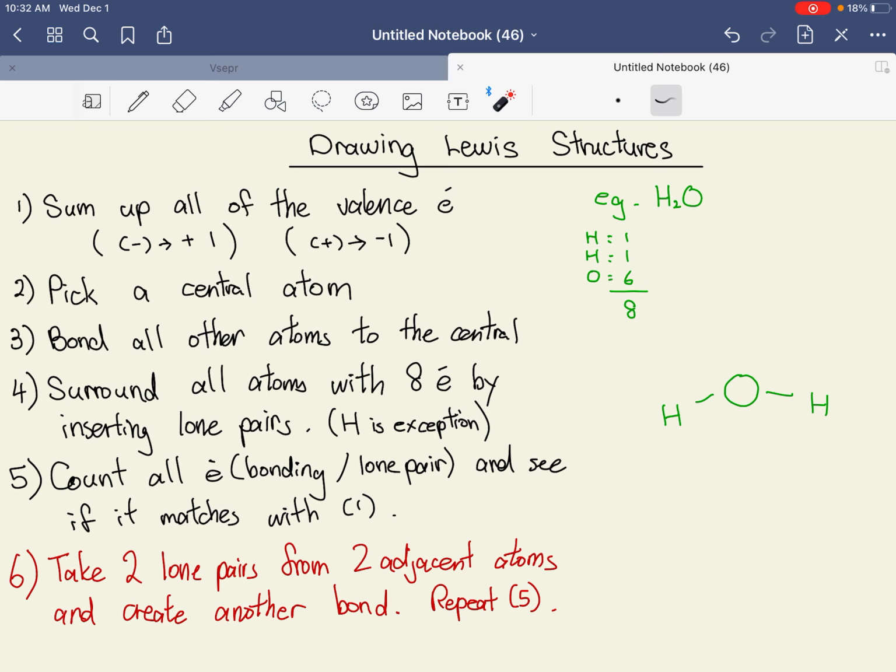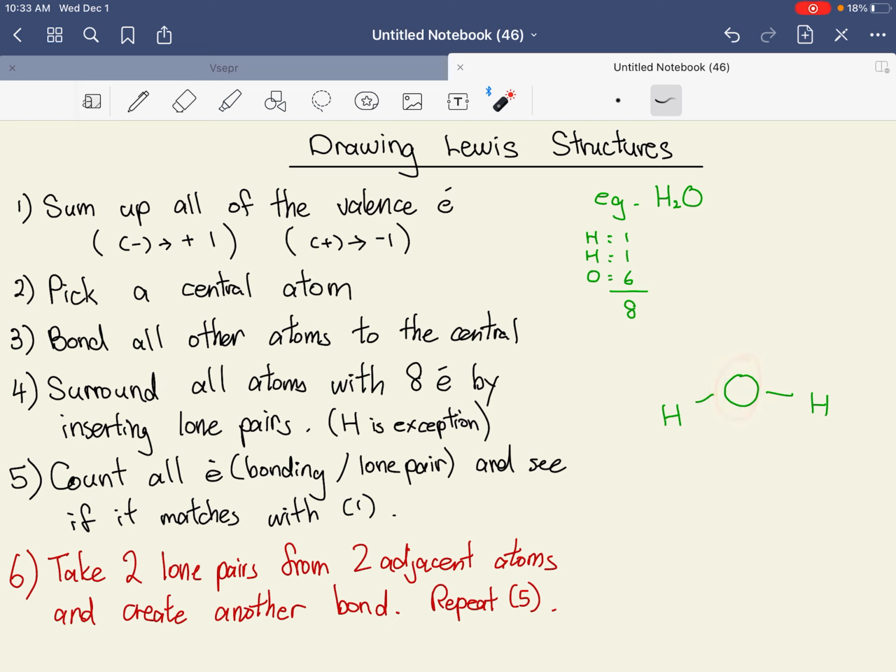Bonds consist of 2 electrons. So whenever you make counts here for number 4 or number 5, these bonds count as 2. So here it is. Hydrogen, fine, because 2. This hydrogen, fine. There's 2.